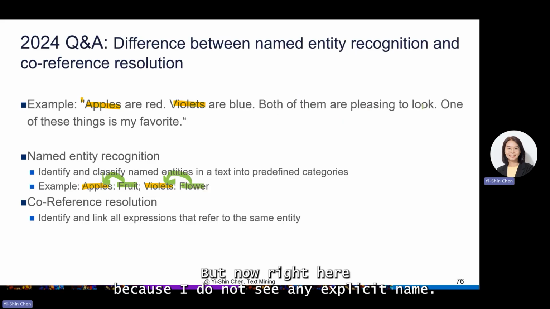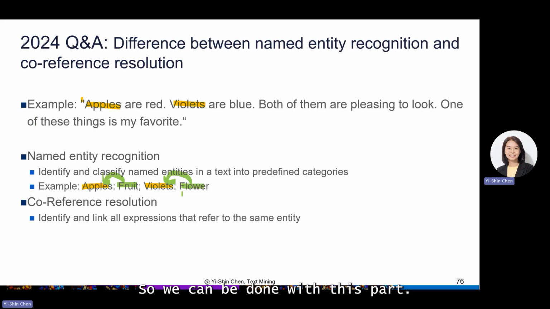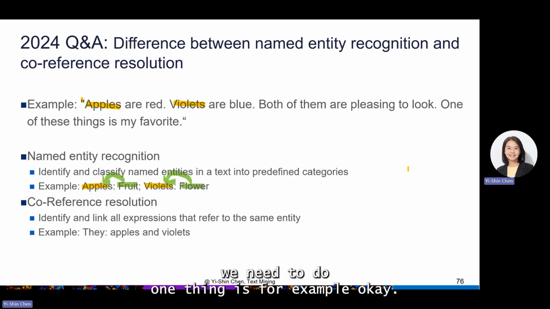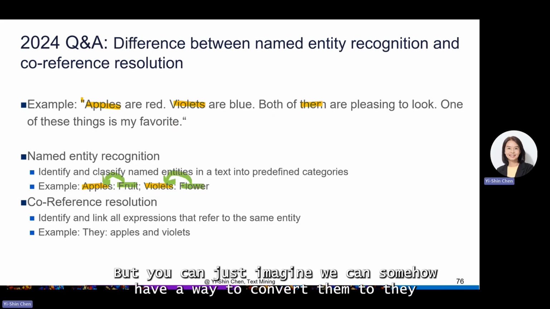But then right here, because I did not see any explicit name, we are done with this part. But when we do coreference resolution, we need to do one thing. Right here I see "them", but you can imagine we somehow have a way to convert it to "they".